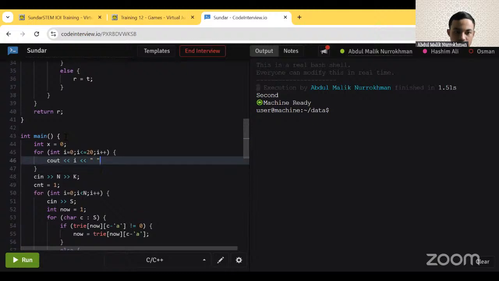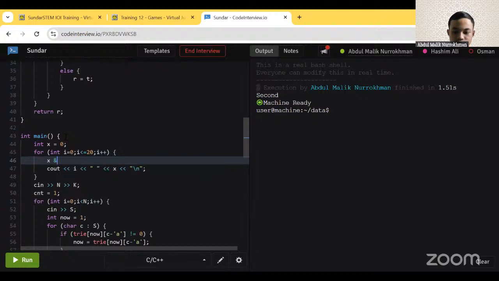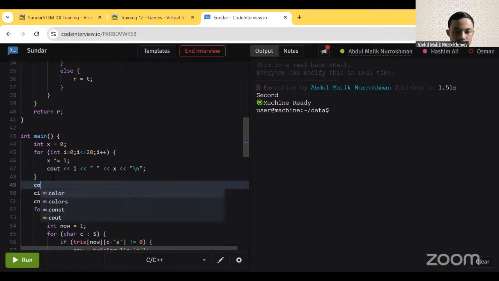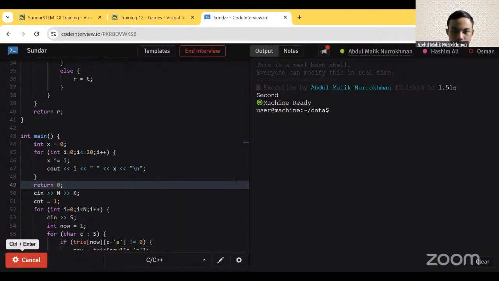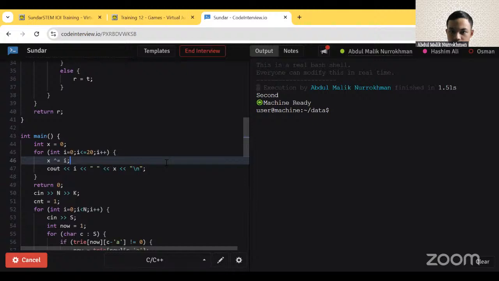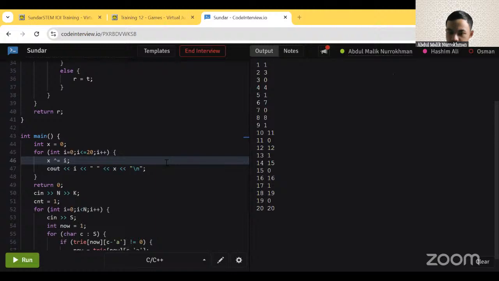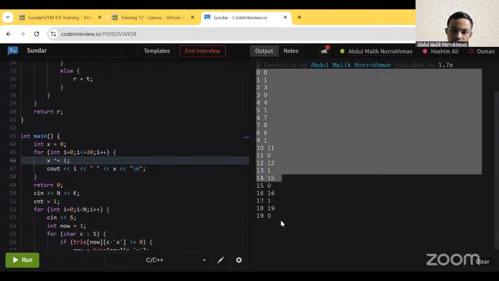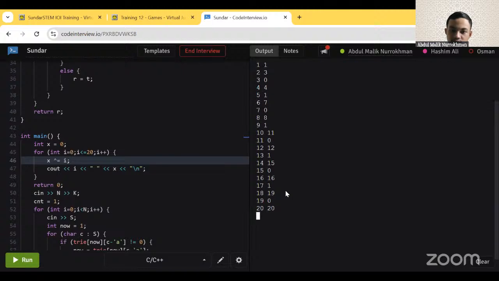Let's output i and the prefix. Okay, let's run the code. Okay, I have outputted all of the prefix from 0 to 20.